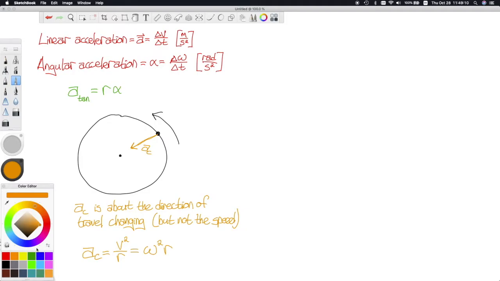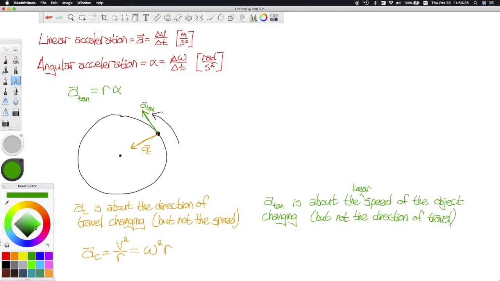Now we have a new component to our acceleration, and this is the tangential component to the acceleration, tangent to the edge of the circle, so this is a tan. This is the one in the equation that I wrote down before in green. The tangential acceleration is all about the speed changing, but not the direction of travel.